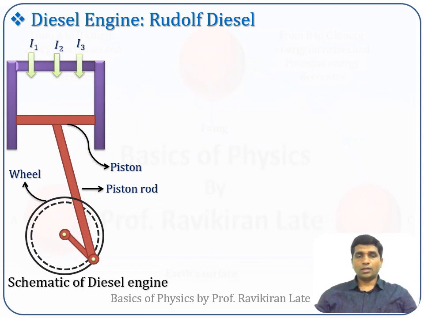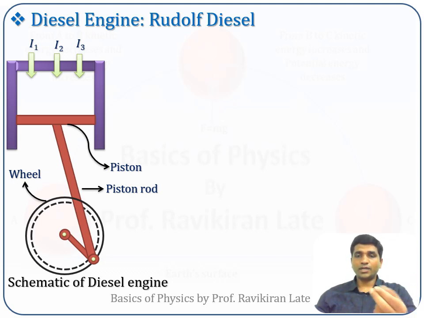Now in today's session we will be discussing a diesel engine. Before discussing the diesel engine, let me tell you that engines are basically divided into two types: the internal combustion engine and the external combustion engine. Internal combustion engines are the Otto engine or the diesel engine.